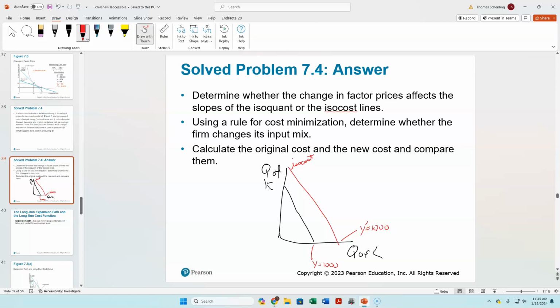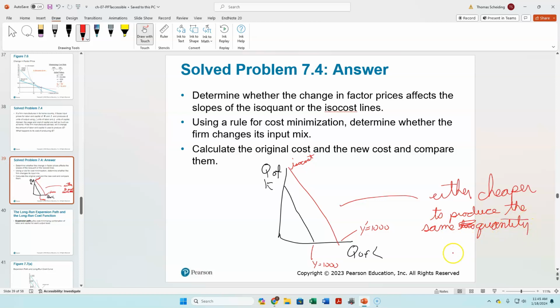So really, what you're going to see is one of two possible solutions: it's either going to be cheaper to produce the same quantity, or more stuff is going to be produced at the same cost. One of the two.